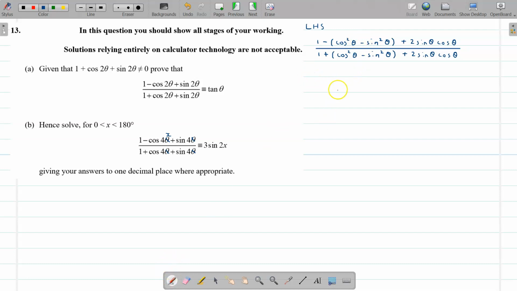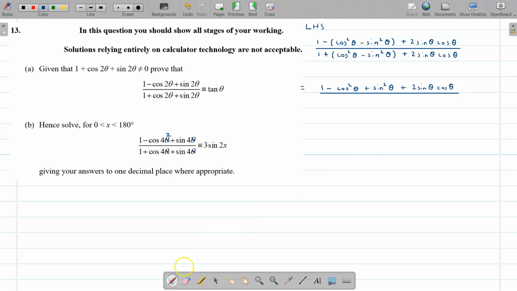So it's going to give me 1 minus cos squared theta plus sine squared theta plus 2 sine theta cos theta on the numerator, and I'm afraid there is quite a lot of this to write down.